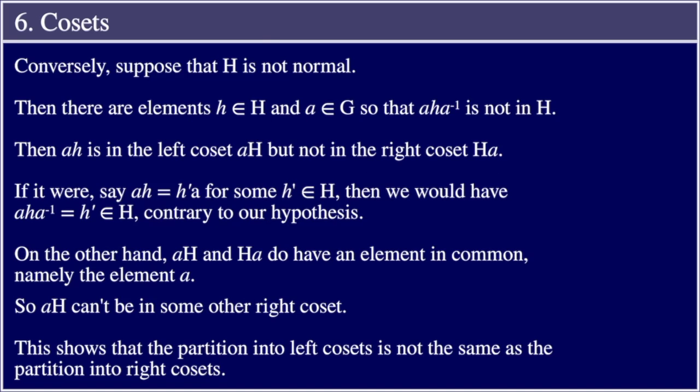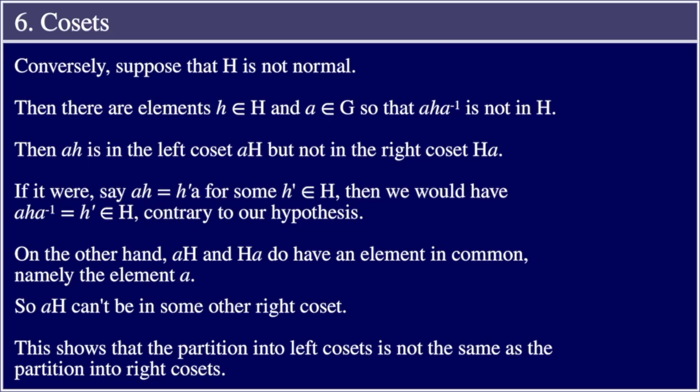Conversely, suppose that H is not normal. Then there are elements h a member of H and a a member of G, so that aha⁻¹ is not in H. Then ah is in the left coset aH, but not in the right coset Ha. If it were, say, ah equals h'a, for some h' a member of H, then we would have aha⁻¹ equal h' a member of H, contrary to our hypothesis.